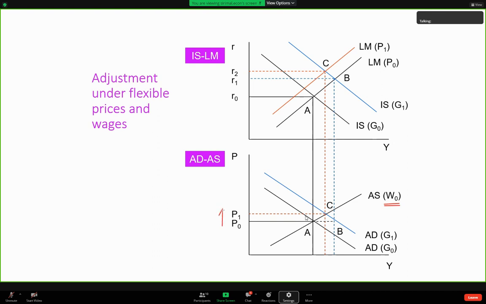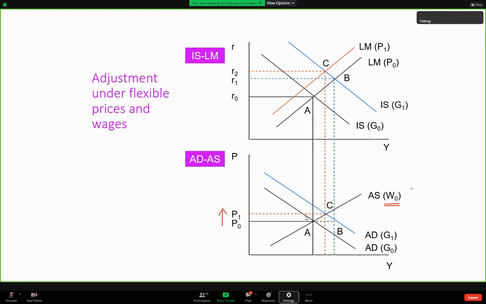Nominal wages remain the same, W0, so the real wage, that is W over P, should have gone down. Real wage falling is temporary in the classical view because nominal wages should rise in order to restore the initial real wage.